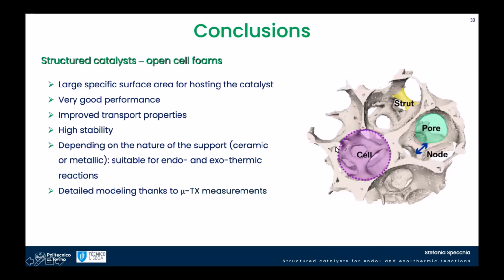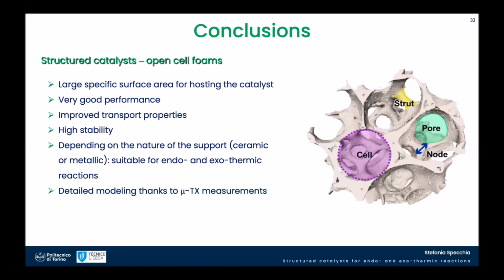So, concluding, we can say that these open cell foams are very interesting structures to carry out either endothermic or exothermic reactions. They are very interesting because of the very tortuous geometry, but we can also see that the nature of the structure, so the type of material and the thermal conductivity, can play a very important role on the overall reaction.